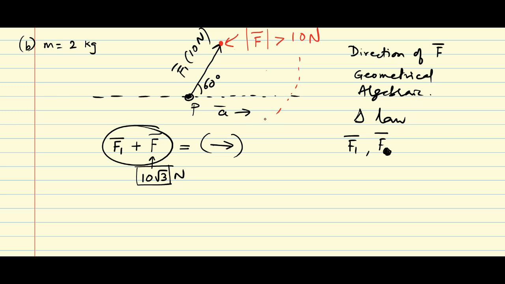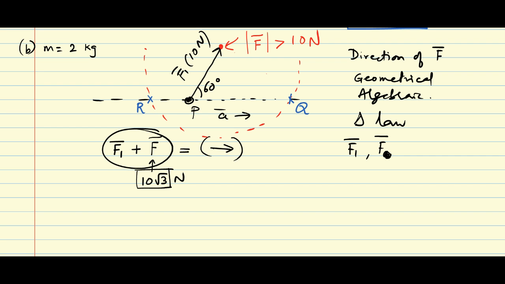So I'll just complete the arc like that, and we see that this arc cuts the horizontal dotted line in 2 points. One of them I'll call point Q, the other one is point R, and accordingly I can draw two possible vectors F bar such that they end on the dotted line.